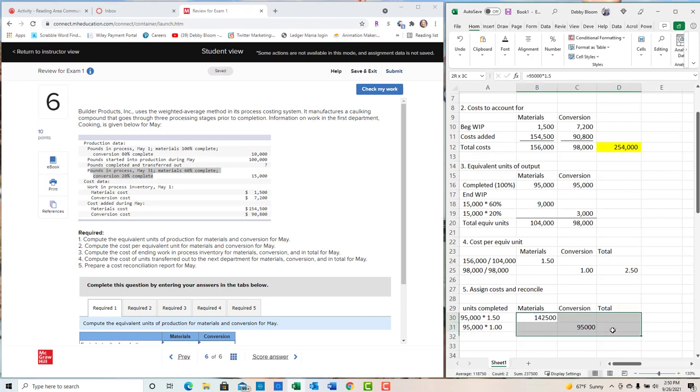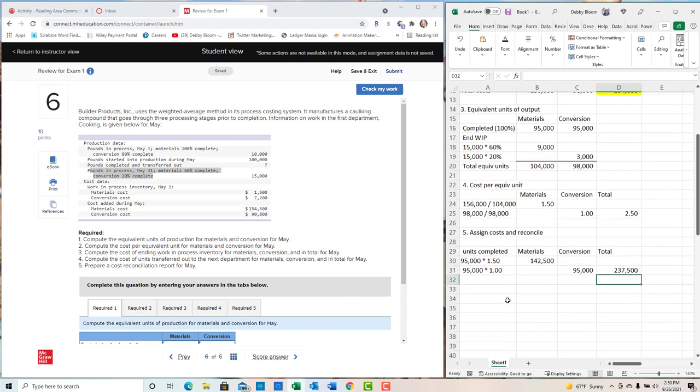So our units completed have $142,500 in materials costs, 95,000 in conversion costs. So our units completed, our finished goods inventory, is going to have a total cost of $237,500.